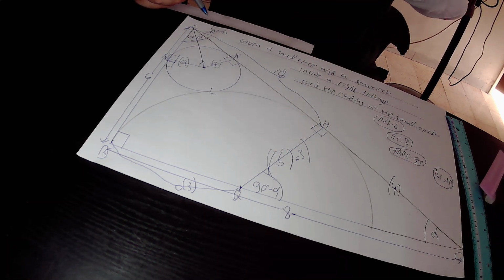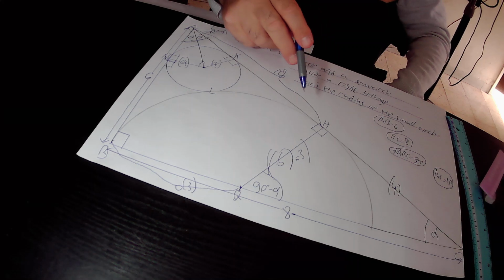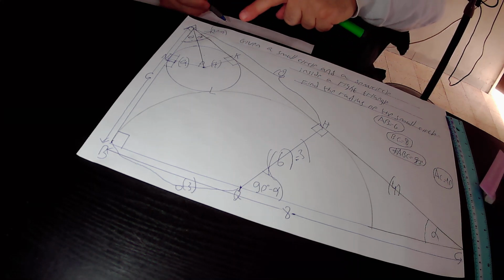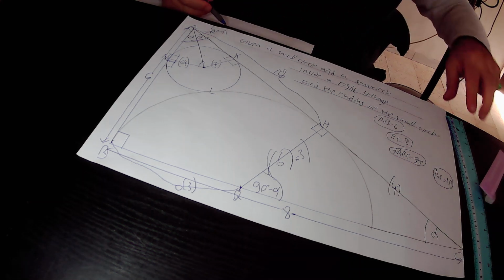Again, the angle bisector of the same angle A that was created by drawing tangent AB and tangent AH to this big semicircle must pass through point Q, that is the center of the big semicircle.